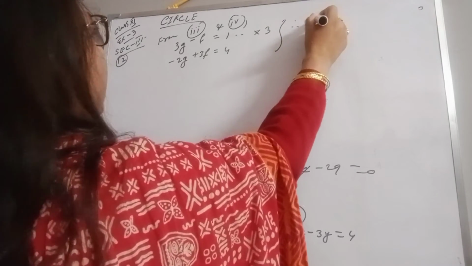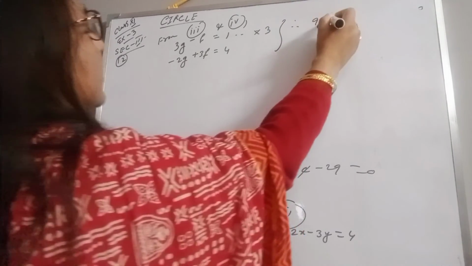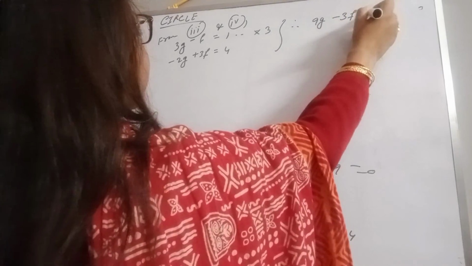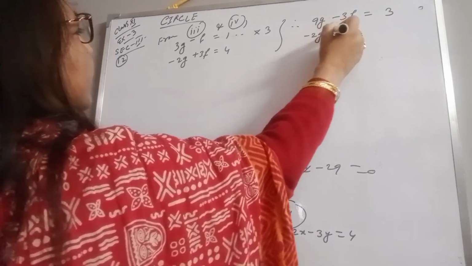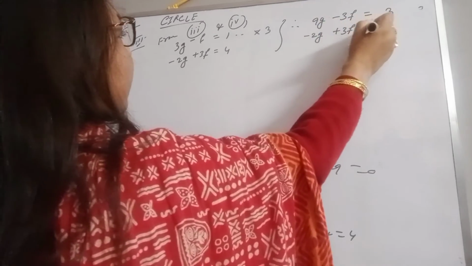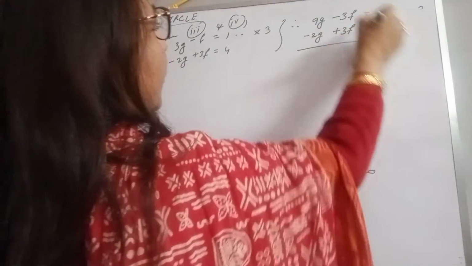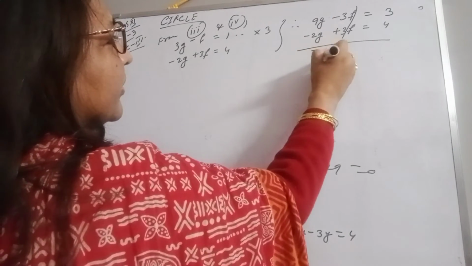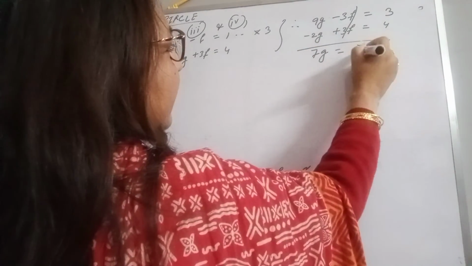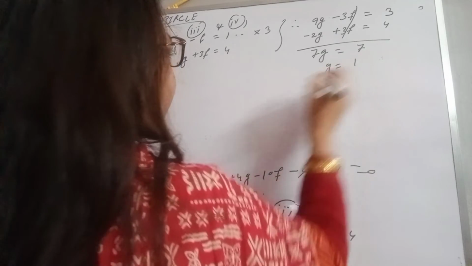Therefore it is coming 9g minus 3f is equal to 3, and minus 2g plus 3f is equal to 4. Now add these two. 9g minus 2g is 7g, and 3 plus 4 is 7, so it is coming g equals to 1.